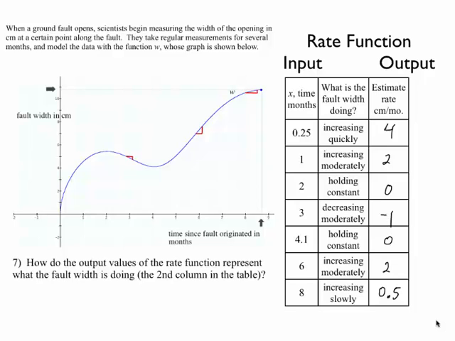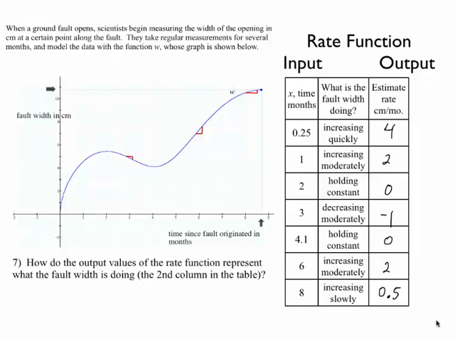So you should be discussing that the numbers are telling the exact story that our descriptions did. If it's increasing, then what about the number of the rate of change? Positive. A positive rate means increasing. We have the fault width is increasing. A large positive number means what about the rate of change?